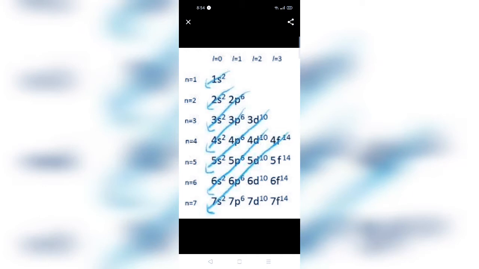Similarly, we can write the electronic configuration of atoms having lower and higher atomic numbers by using these symbols, and by using this we can write the electronic configuration of any element in the periodic table.